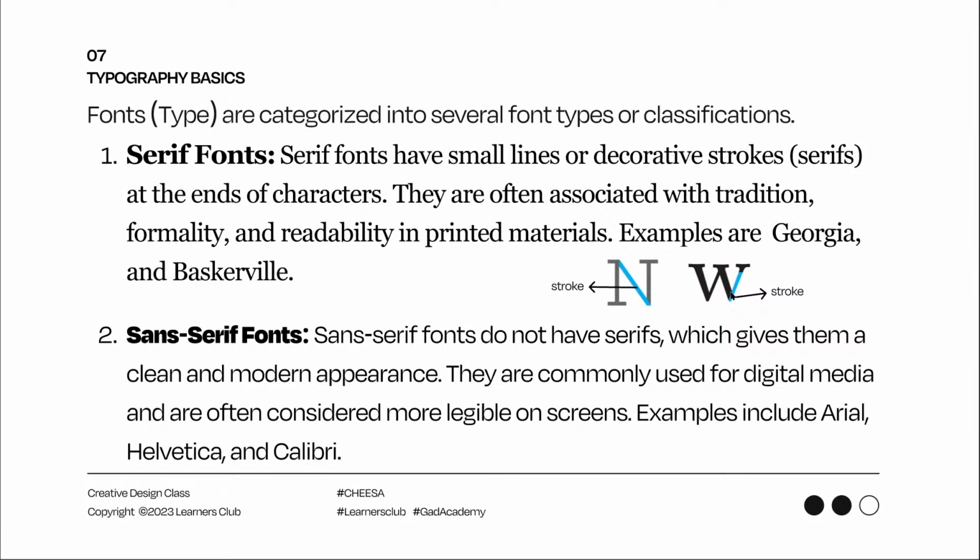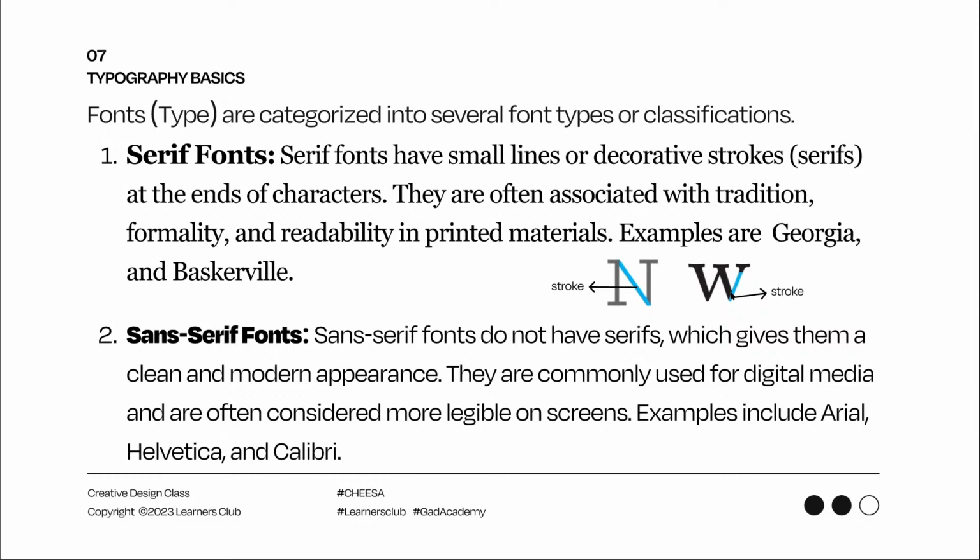Sans serif fonts do not have serifs or decorative lines at the end of the characters, and that makes them more clean and more modern in appearance. For example, Arial, Helvetica, and Calibri are very legible on screens.